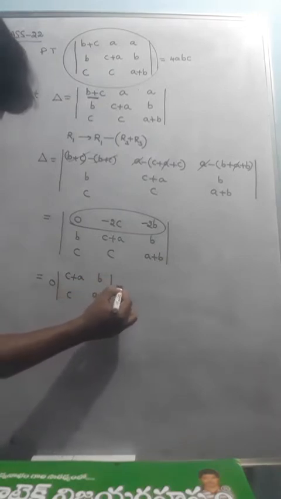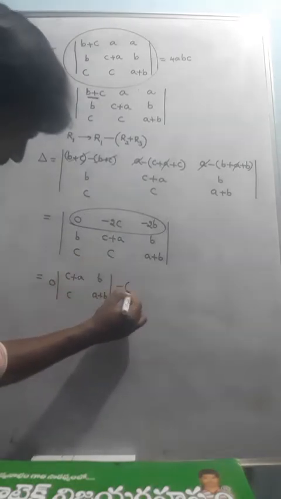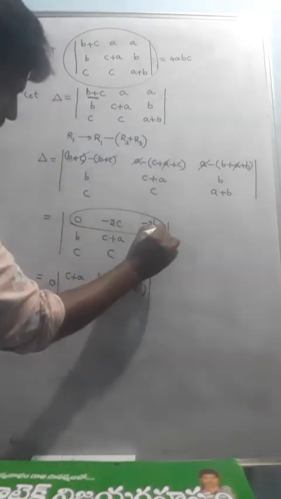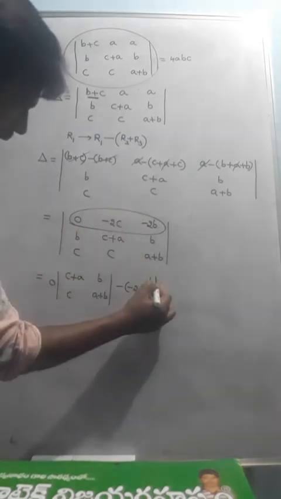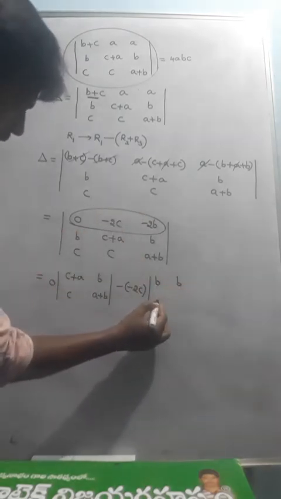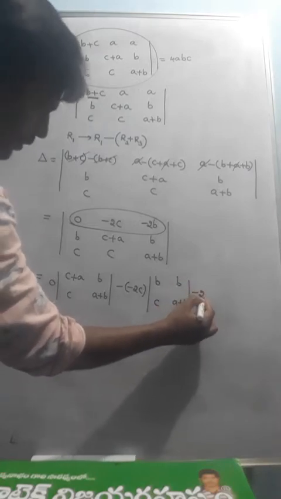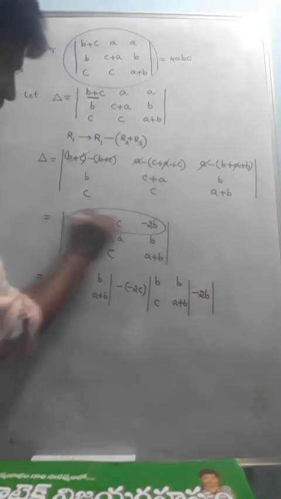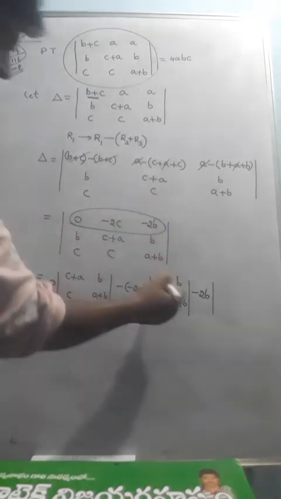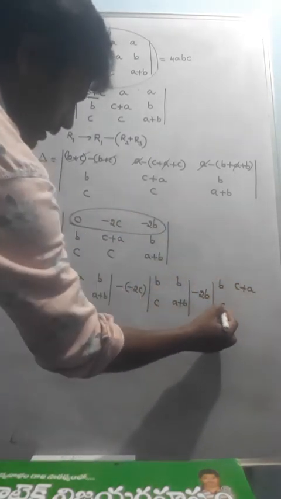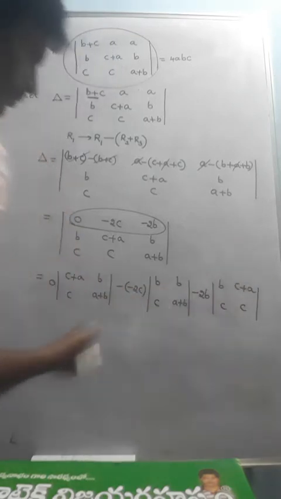Next, minus of minus 2c into the determinant after forgetting first row and second column: b, b; c, a plus b. Next, minus 2b into the determinant after forgetting first row and third column: b, c plus a; c, c.